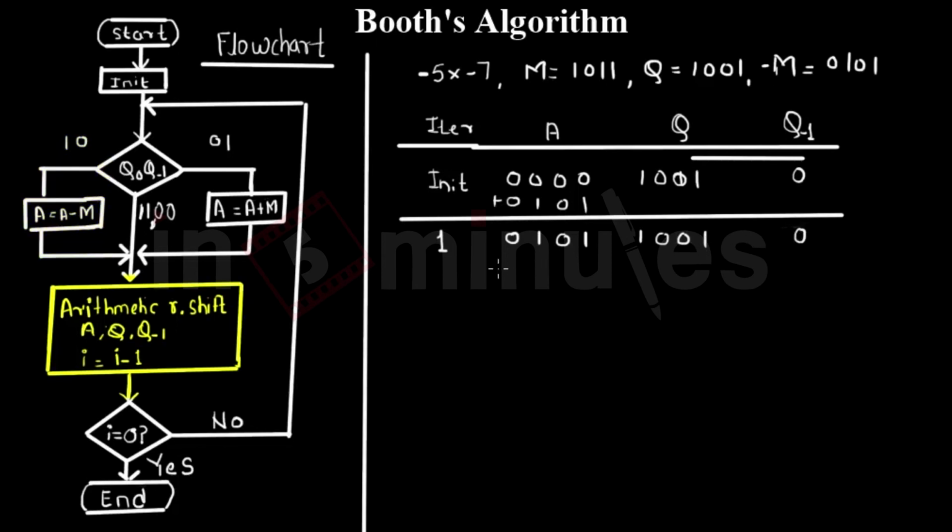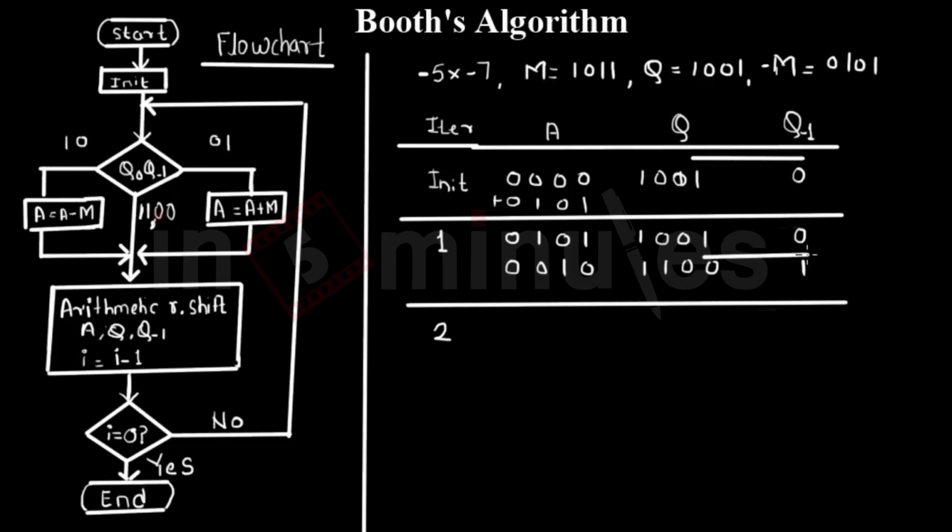Now we perform the right shift operation, maintaining the sign. First iteration is complete. Now in the second iteration, again we observe Q0 and Q minus 1. This is 0 1 this time. So we have to add M to A. So we add 1 0 1 1 here. Then we get 1 1 0 1. This remains the same. Then we perform the shift operation.